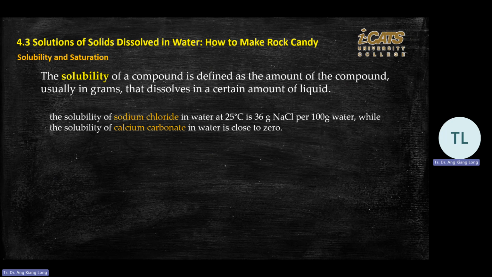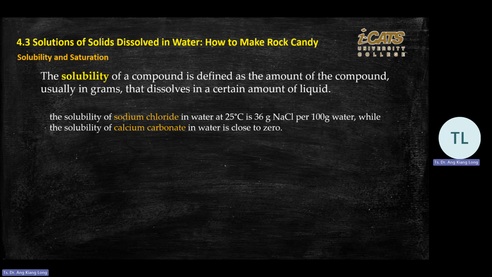For example, the solubility of sodium chloride in water at 25 degrees C is 36 gram per 100 gram of water. Meaning at 25 degrees C, if you have 100 gram of H2O, H2O is the majority, so this is the solvent.